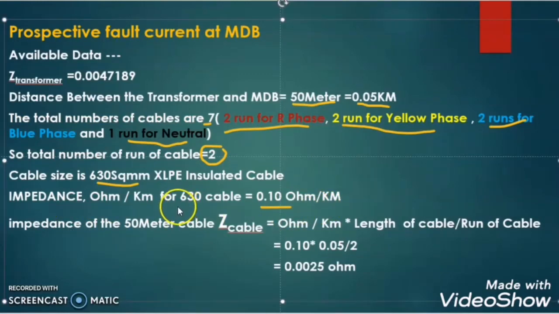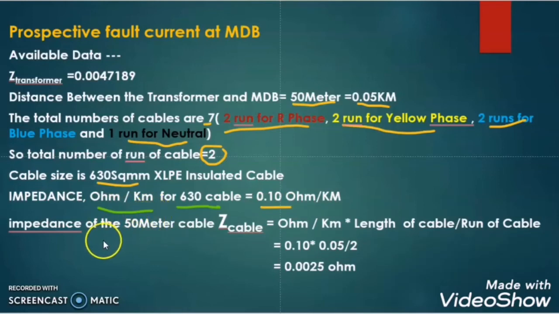As we now know from the data sheet that the 630 square mm cable is offering 0.1 ohm resistance per kilometer, we can easily find how much resistance the same 630 square mm cable will offer for a 50-meter run. The cable impedance will be ohms per kilometer into the length of the cable, that is 50 meter, divided by the number of runs.